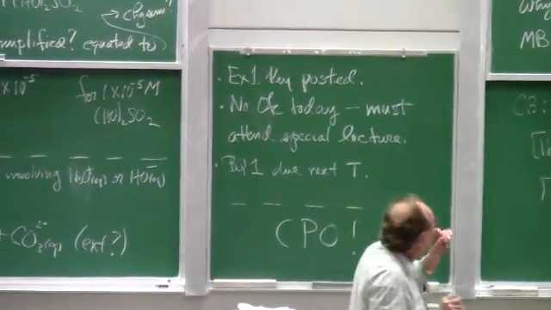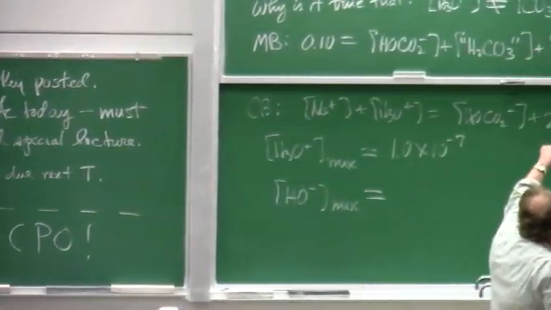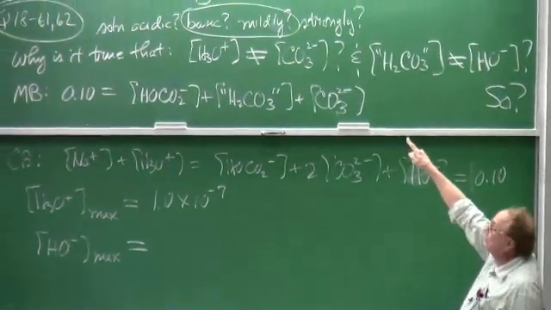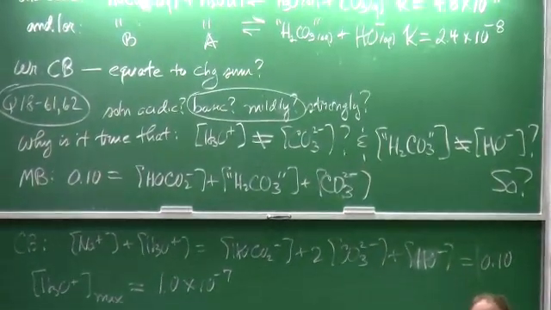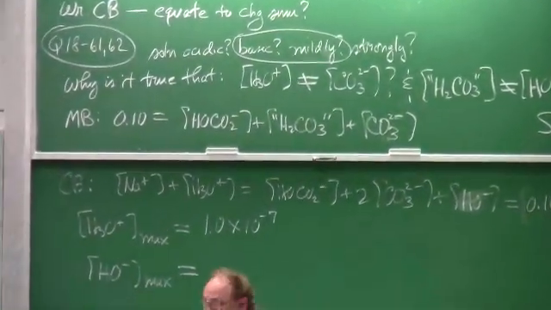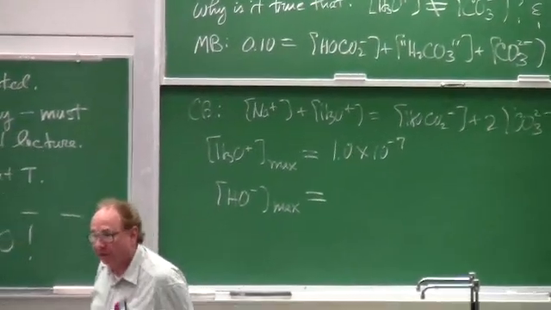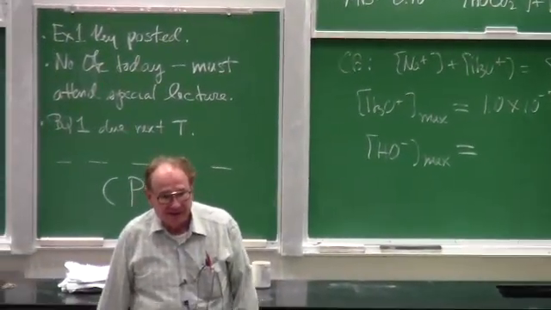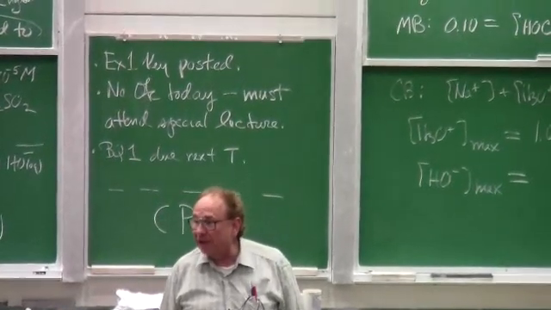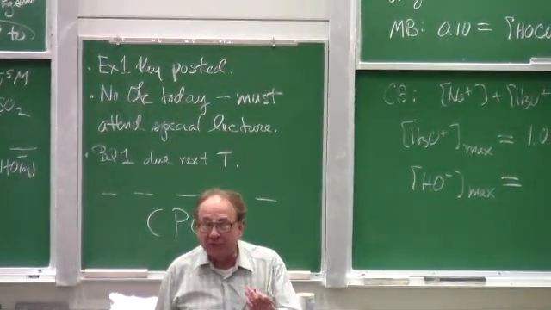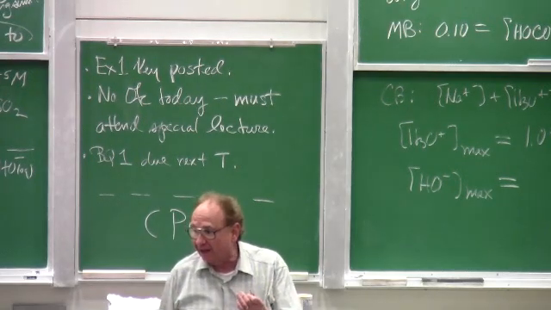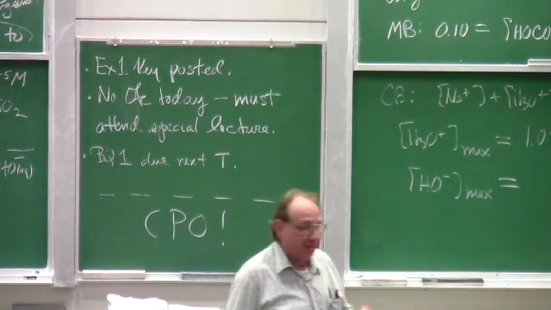Because when I apply x squared over M sub I minus x to Kb, I am saying that the molarity of H2CO3 and hydroxide are the same, right? But I know that's not true. I know the molarity of H2CO3 is bigger than the hydroxide ion molarity. So whatever I get from that solution is going to give me a value for H2CO3 which is too small, and a value for hydroxide ion which is too big. But it'll give me the upper limit value.